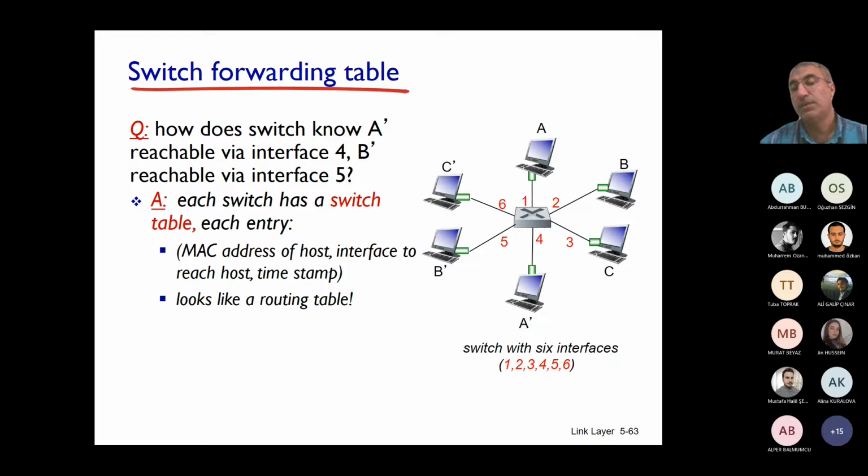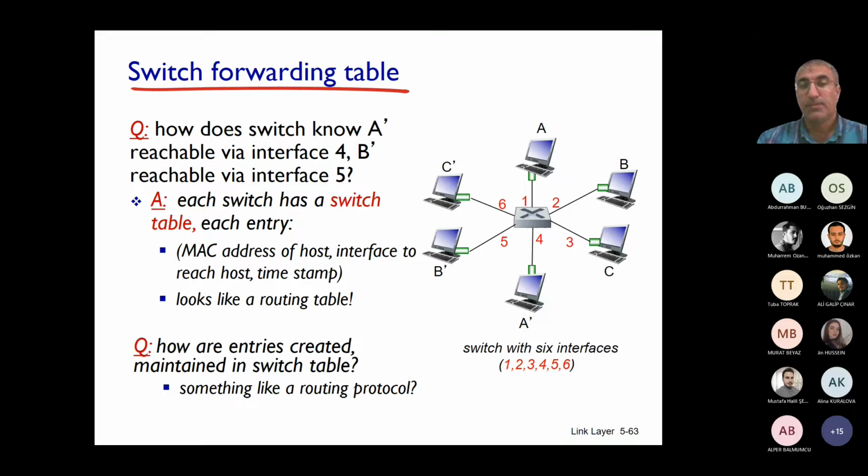The first column is the MAC address of the host, the second column is the interface to reach the host, and the third column is a timestamp. It looks pretty much like a routing table. And the next question is how entries in this forwarding table are created and maintained.